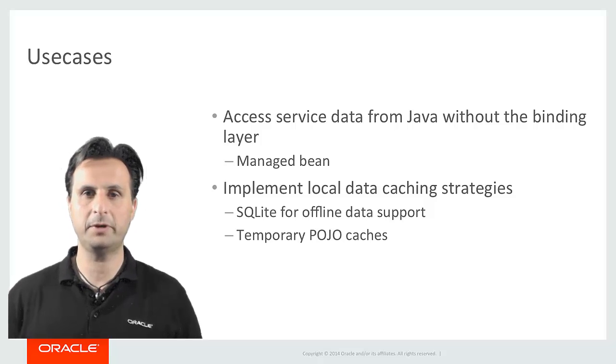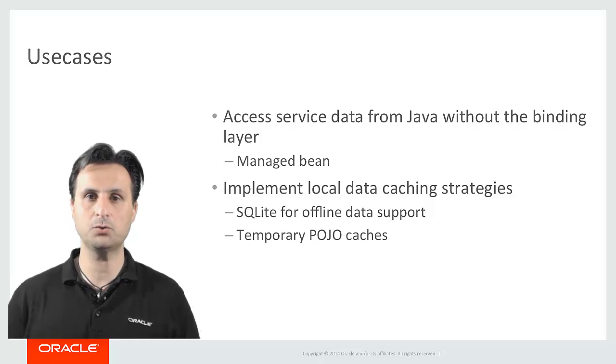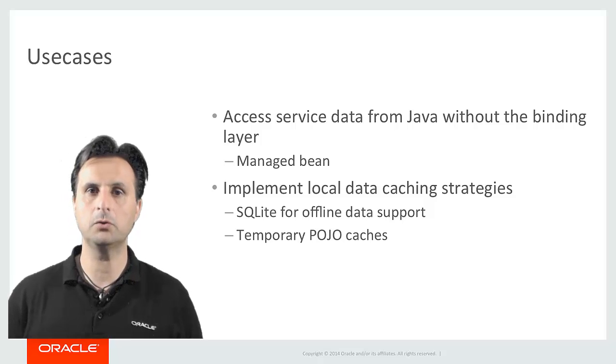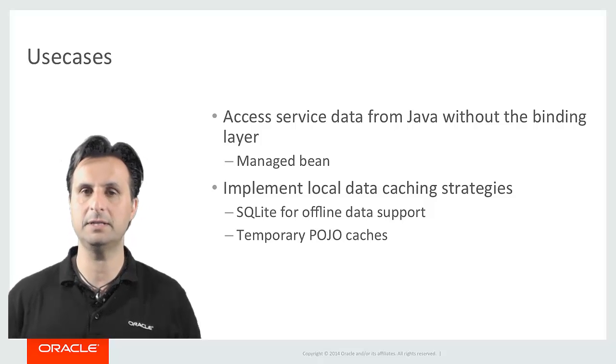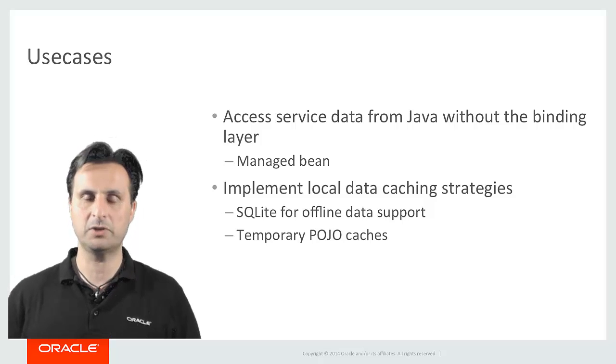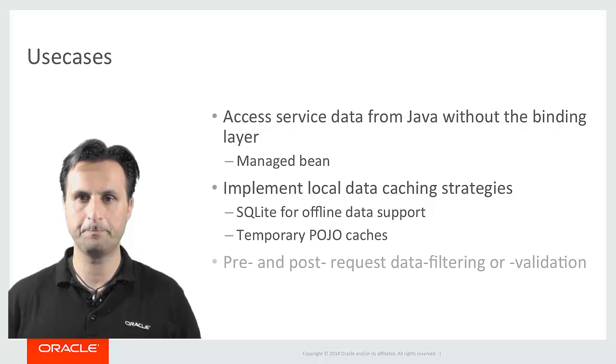Or you can have temporary caching, which is that the POJO itself will hold the data, and for every subsequent request, first it will look if it already has the data or if it needs to fetch the data from the remote service, just to improve the user experience in terms of performance.